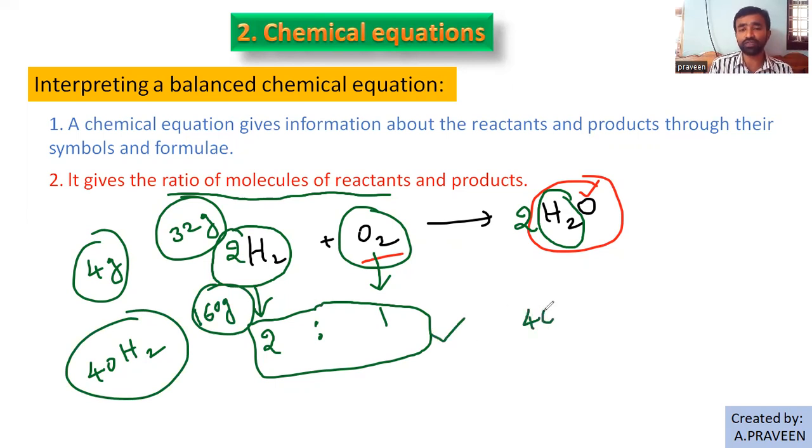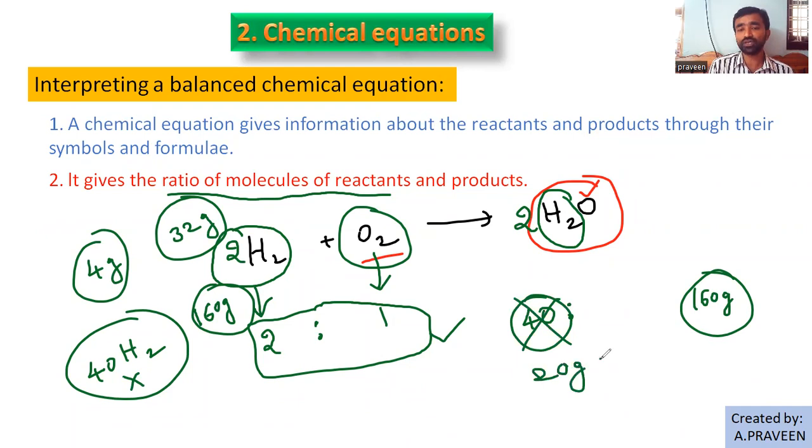That means 40 grams to 160 grams, right? Are you providing less or more than the ratio requires? Here it does not react. Out of 40 grams, just 20 grams participate, because the ratio must be the same. It won't participate in excessive amount. That ratio always satisfies 2:1 only.